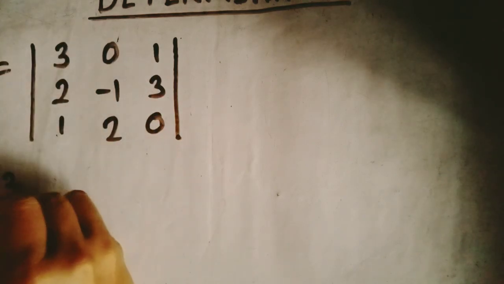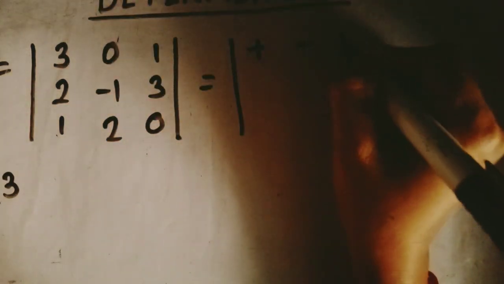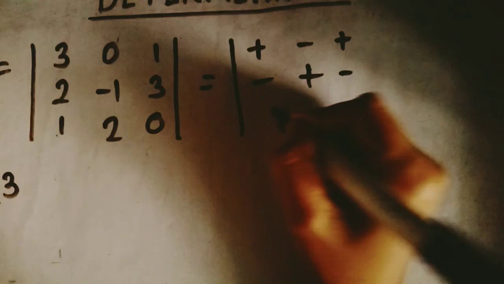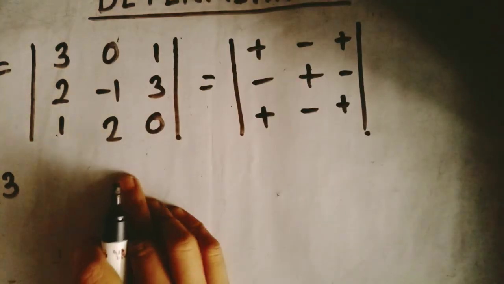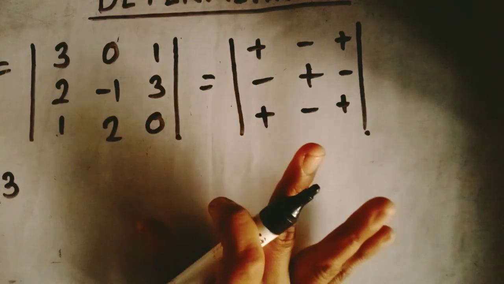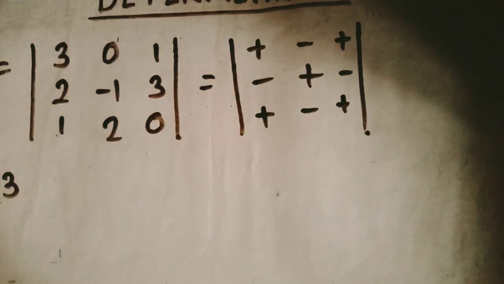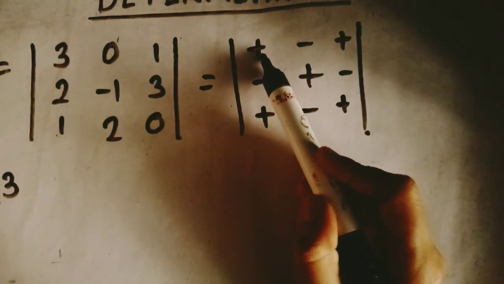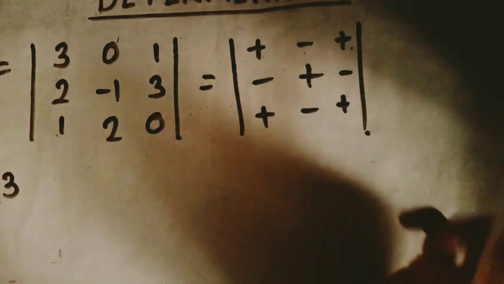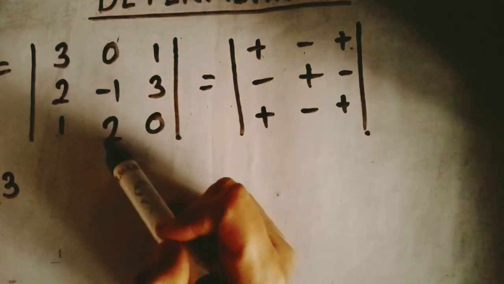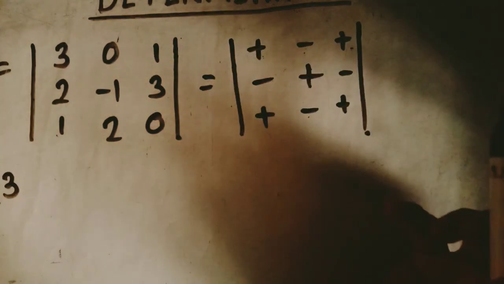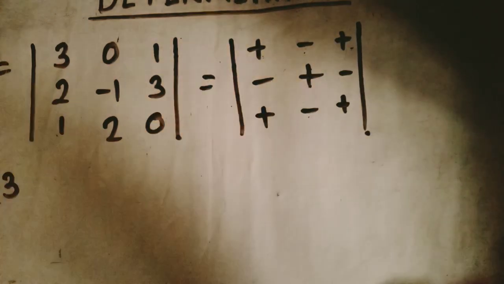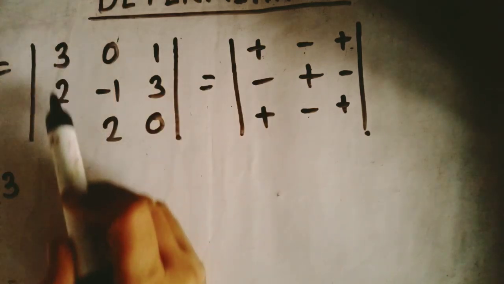First you should write your signs: minus, plus, minus, plus, minus, plus, minus, plus. You can start from any row or any column, but you have to remember that these signs are important. If you are starting with this row, then you have to start with minus, plus, minus. So I'll start with the first column.